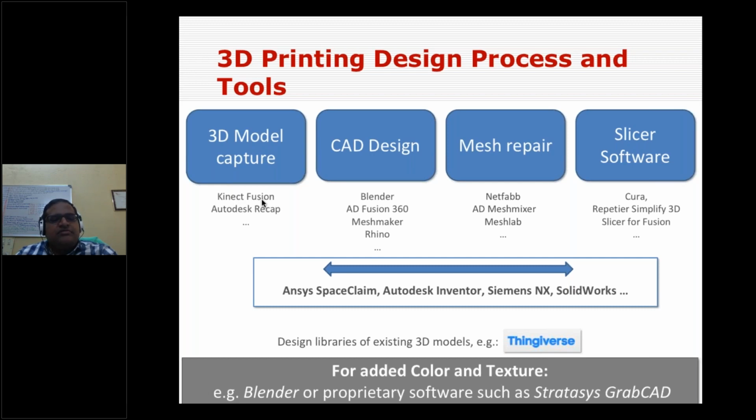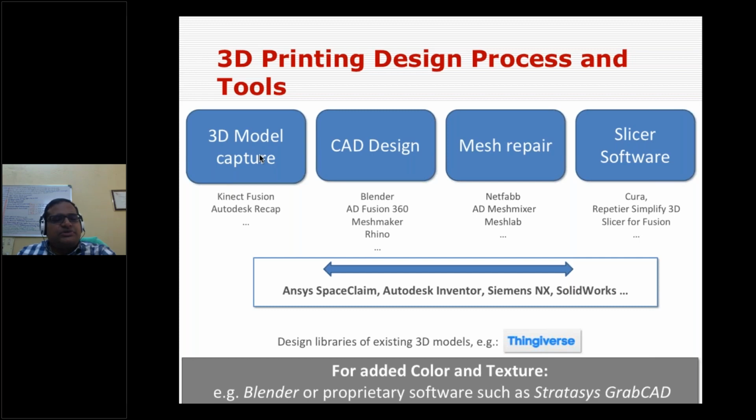From physical to digital, you use software like Kinect Fusion or Autodesk ReCap, along with the 3D scanner hardware, to generate an STL file. Our aim is to generate an STL file, or an OBJ file, or an AMF file, or a 3MF file. We'll see what these files are.